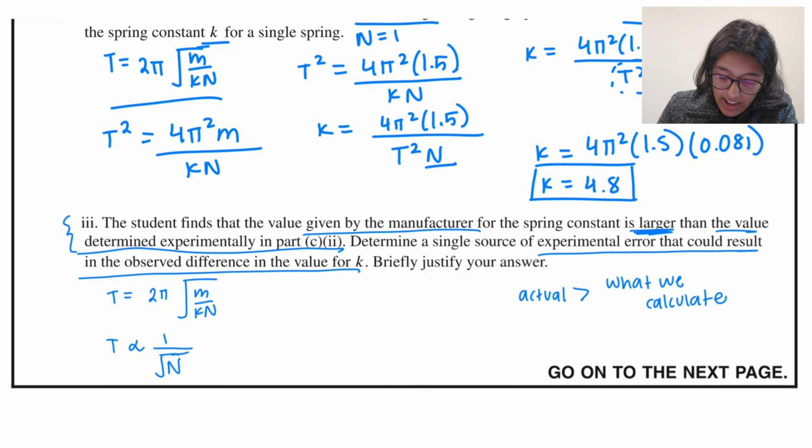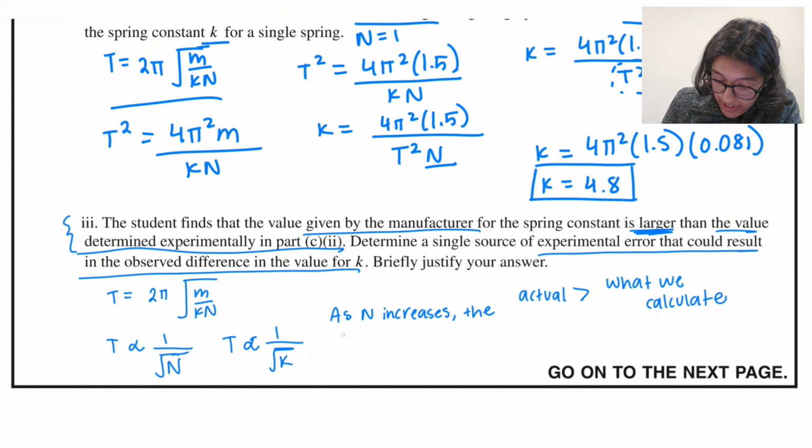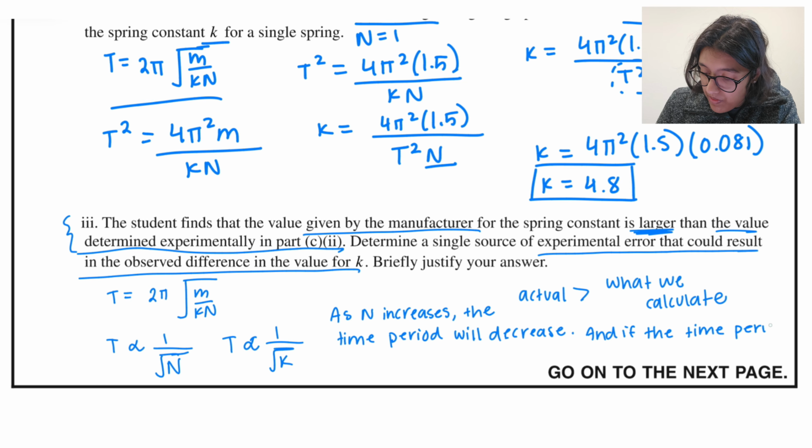I see that as n increases, the time period will decrease, right? The time period will decrease. And if the time period decreases, then as seen over here, the spring constant will increase.